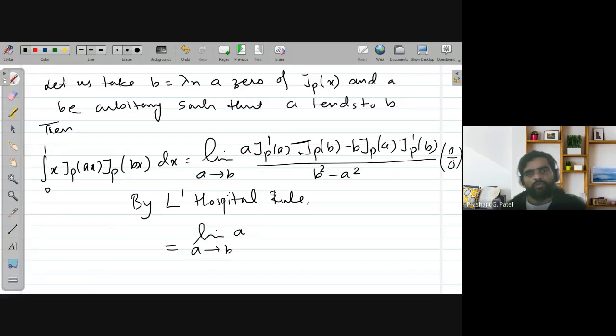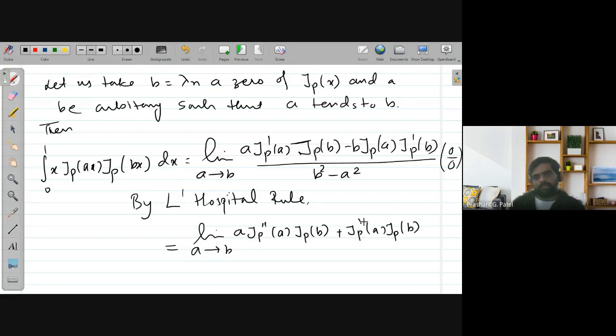Now we are applying this L'Hospital rule with respect to a. So a is the variable here because the limit is a tending to b. So a as it is, times the derivative of Jp'(a), that is Jp''(a), Jp(b) as it is, plus the derivative of a, which is Jp'(a) Jp(b).